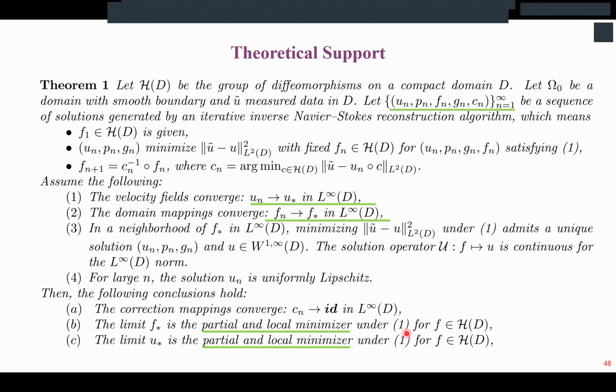Here, this one is the original total problem, and this U N and F N are solved by alternating between the split subproblems. So this is the theory that we derived to support the validity of such a splitting.